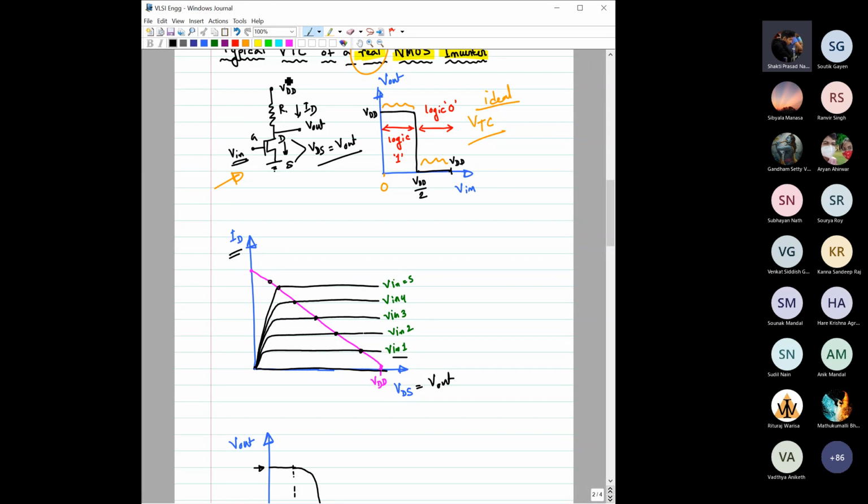Then you can also write a KVL along this, which will give you nothing but this load line. So draw the load line here. You know what the voltage is. Now, can you tell me what this current value will be?